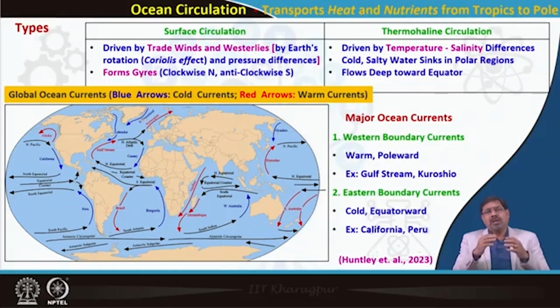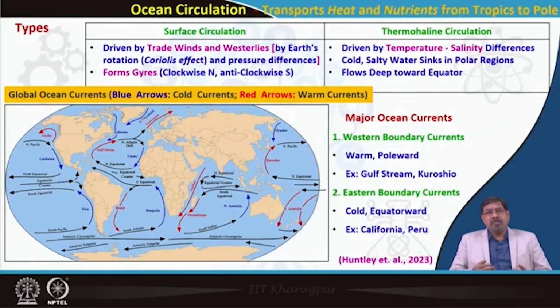So, friends, what we understand from this is the various surface circulation phenomena, which are represented by red and blue arrows in terms of the warm and cold currents respectively.